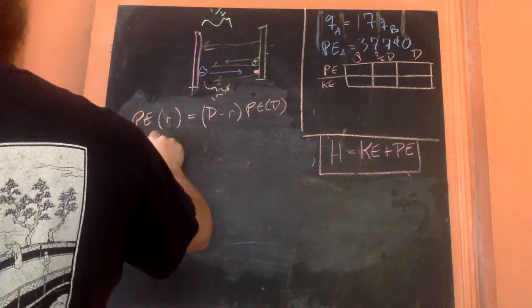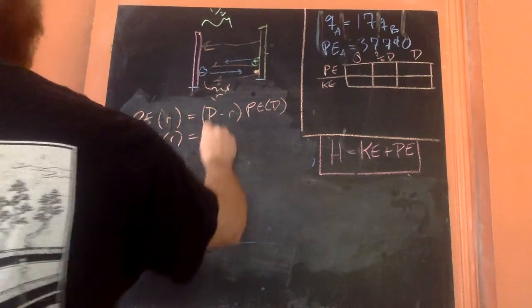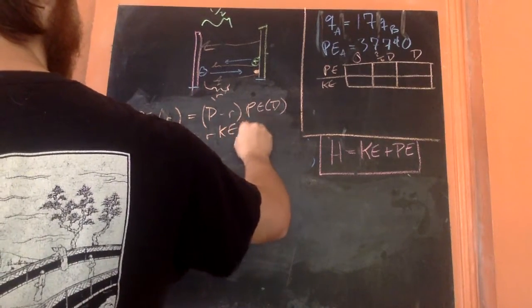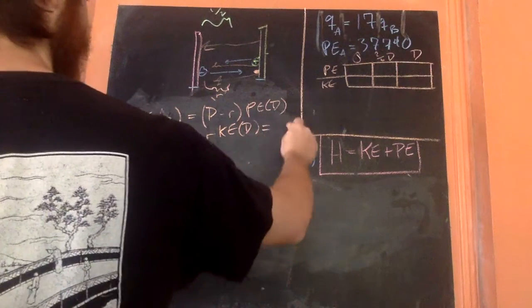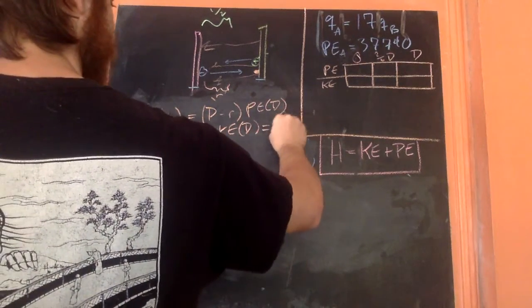And our kinetic energy at a distance is equal to the distance times the kinetic energy at the end, which is equal to our initial potential energy.